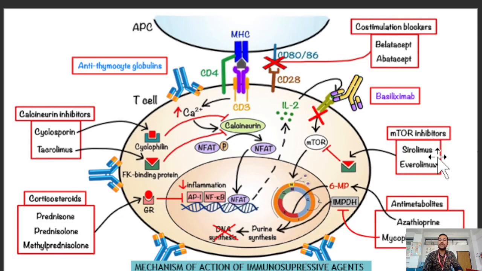There are two drugs, sirolimus and everolimus. These will inhibit this mTOR, and when the mTOR is inhibited, it cannot come inside the nucleus and take part in the cell division stages, and as a result, there is no DNA synthesis, and T cell proliferation does not take place.